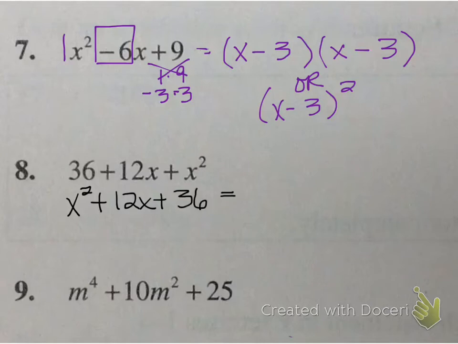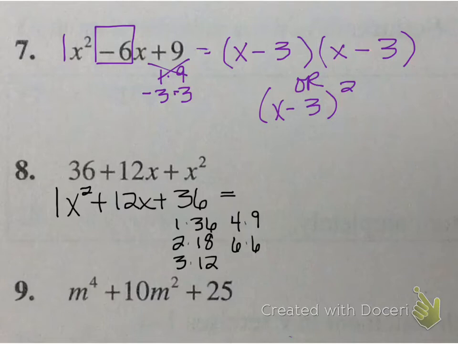Then, because my leading coefficient is 1, I know that I need factors of 36, which are 1 and 36, 2 and 18, 3 and 12, or 4 and 9, or 6 and 6. I need a factor pair of 36 that will add to be 12. Well, that's going to be 6 and 6.